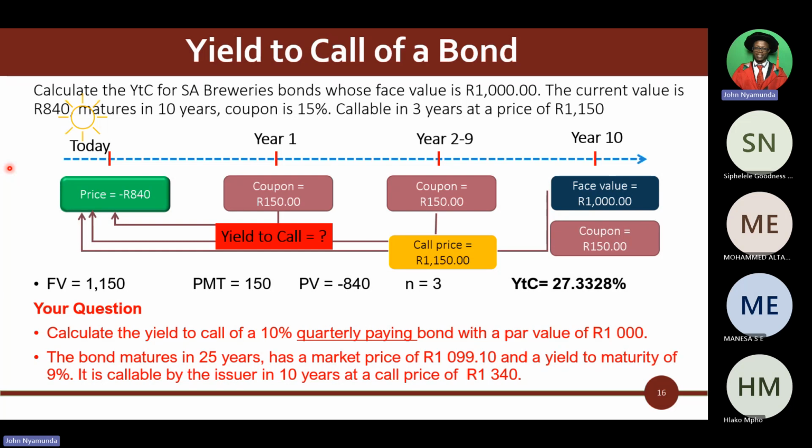Manessa, what's your name there? Because Manessa is your surname. If you're a guy, it would be easy to just call you Manessa throughout. Okay, I'll call you Manessa because you're not giving me your first name. Manessa, post your yield to call there. Spelele, post your yield to call there so that we can do this thing together with Mpo. Mohammed, do you think you will be able to take us through your yield to call calculation so that Mpo will follow nicely?